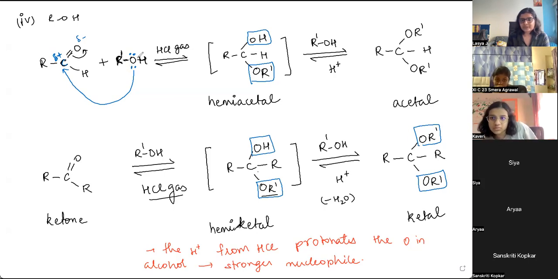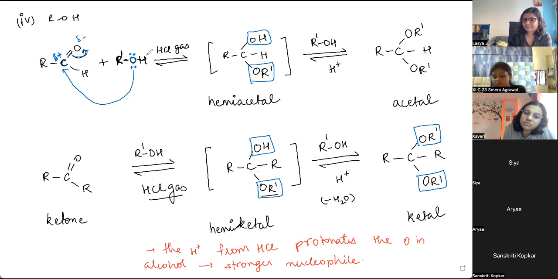No, keep track. See, oxygen is forming a bond with carbon. As this bond is formed, the double bond breaks, oxygen takes this pair of electrons, and carbon is satisfied by this lone pair of electrons. Because carbon is taking these lone pair of electrons, oxygen lets go of this hydrogen as H plus.